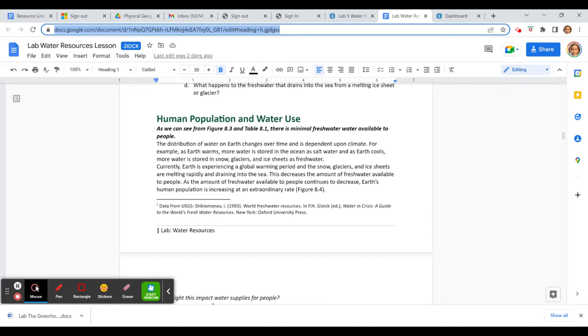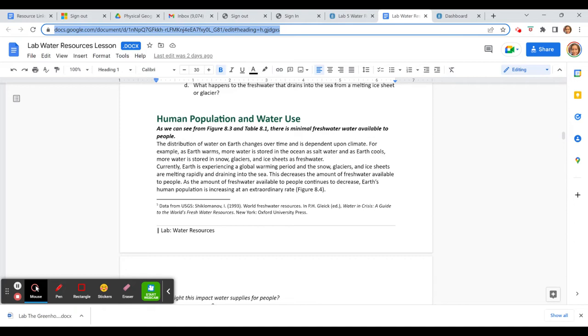So as we can see from the above tables and information, there's a minimal amount of fresh water available for people. And this distribution changes over time and depends on the climate. For example, when our Earth is in a warming trend, more water is stored in the ocean as salt water. And as the Earth cools, more water is stored in snow and glaciers.